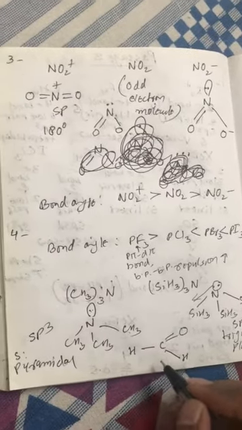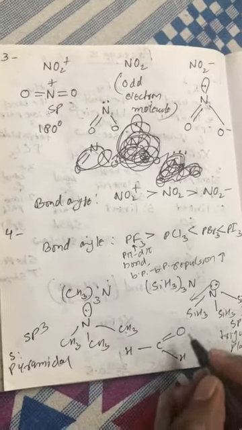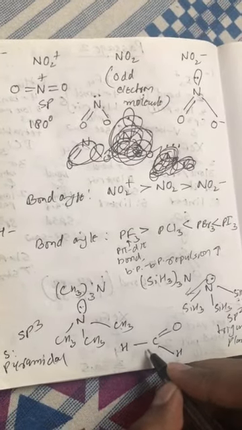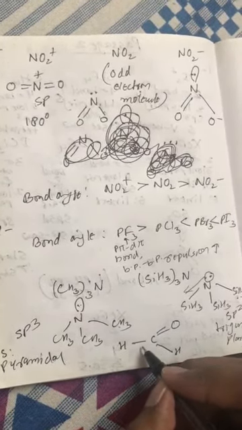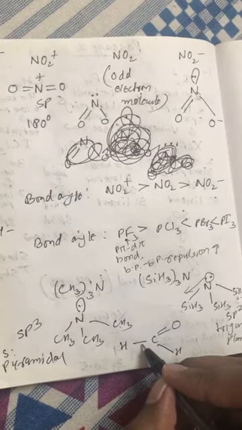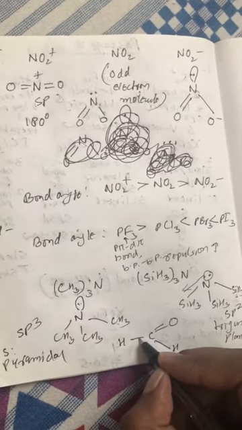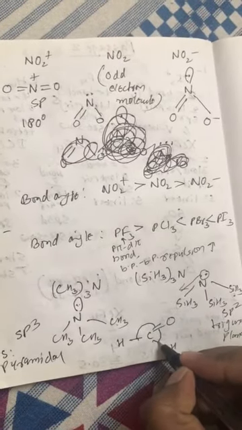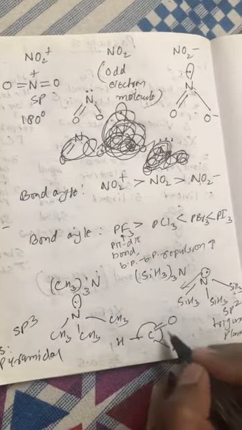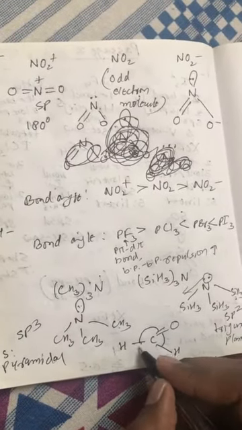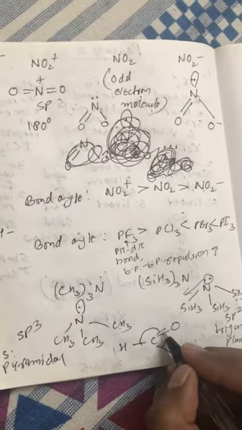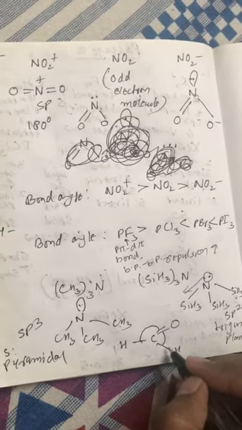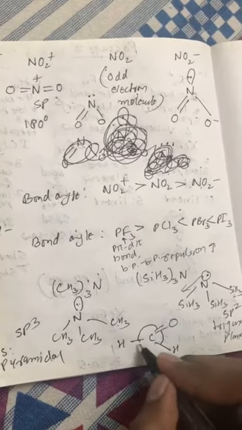Now HCHO, so bond angle in HCHO will be in the order of this. Greatest bond angle will be this and this. These both bond angles will be equal, and this bond angle will be smaller. Why? Because this bond pair repulsion is greater than this bond pair repulsion.